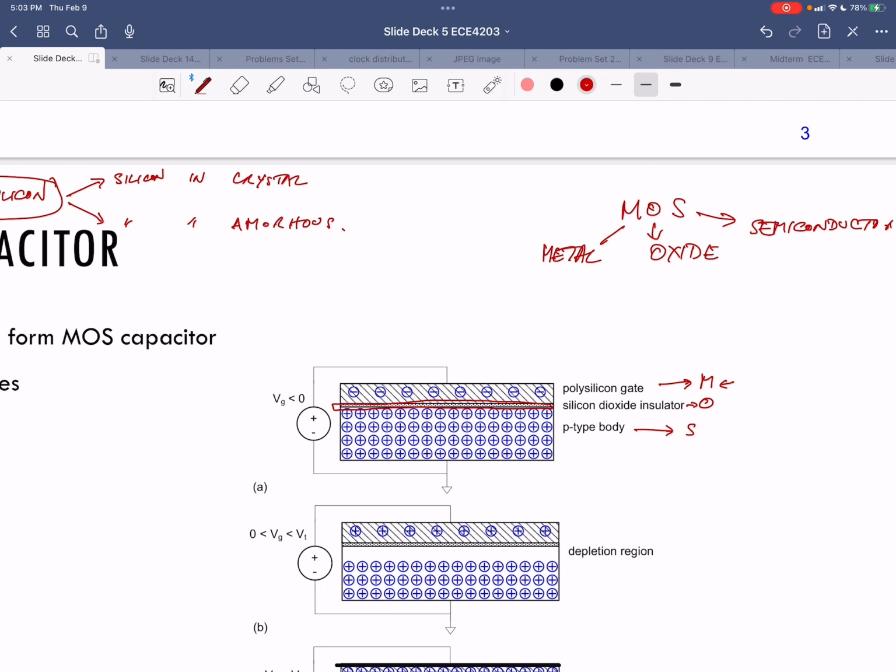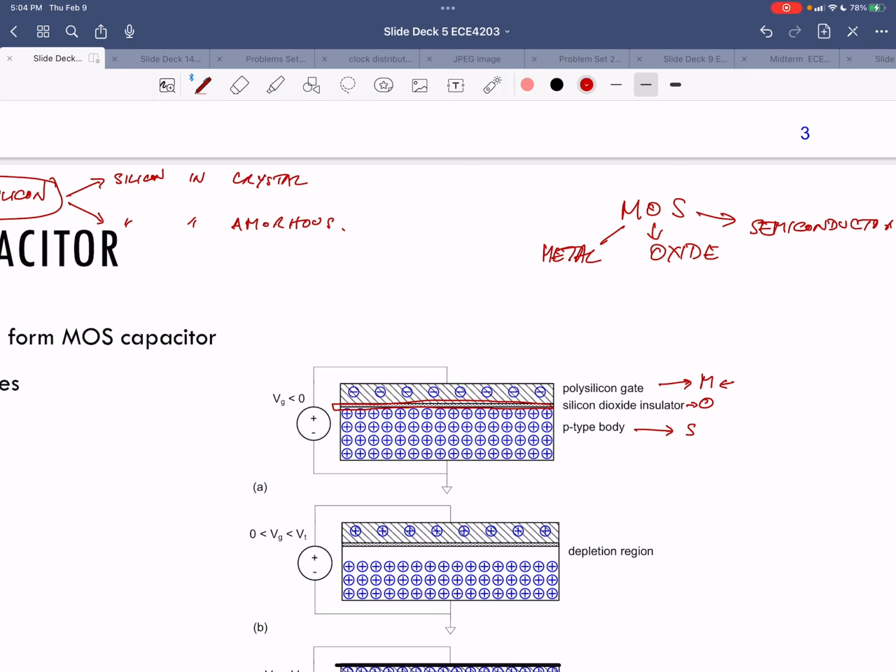Traditionally, when the MOS transistor was initially invented, there was an actual metal layer on top of the silicon dioxide. It gradually got replaced with a polysilicon layer for a bunch of reasons that I won't get into. So you'll hear it referred to as polysilicon, or more commonly people just call it poly.